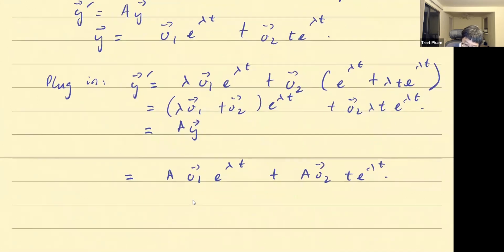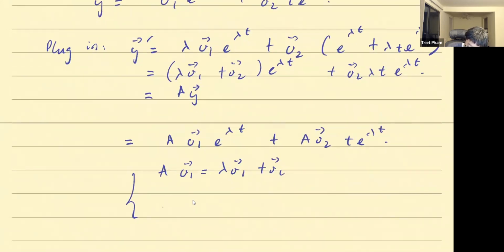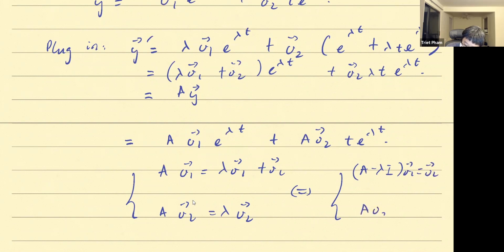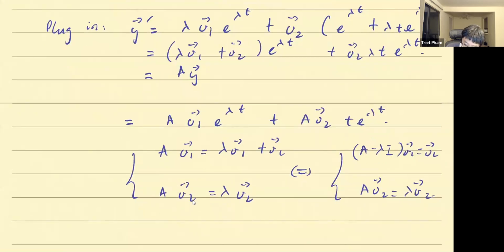So in other words, A v1 must be lambda v1 plus v2, and A v2 must be lambda v2. Or as we say, (A minus lambda I) v1 must be v2, and A v2 is equal to lambda v2. Or if you want, actually you can impose this.